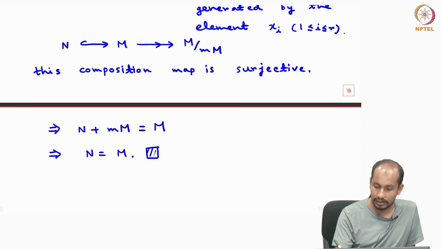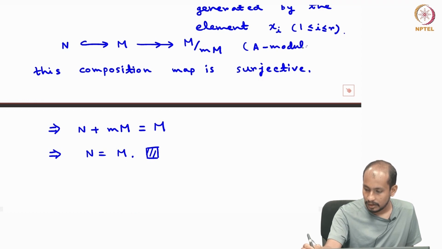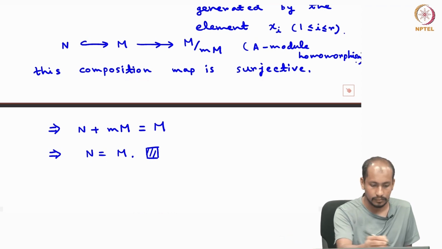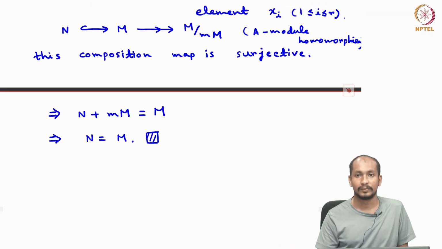So we are done. Here these maps are A module homomorphisms, right? A module homomorphisms. Okay, so let's stop here.